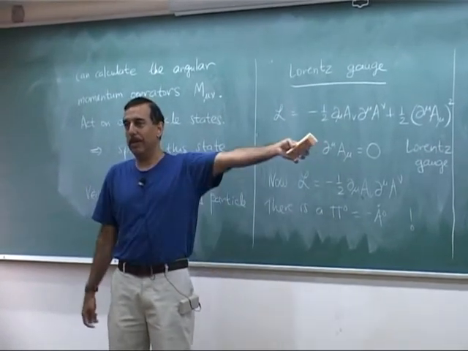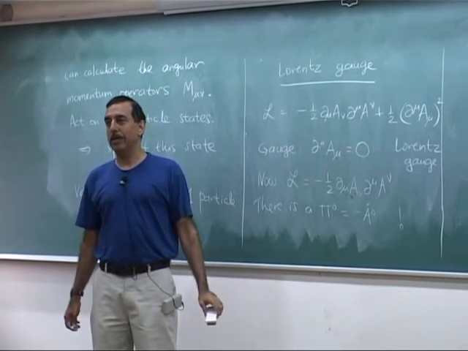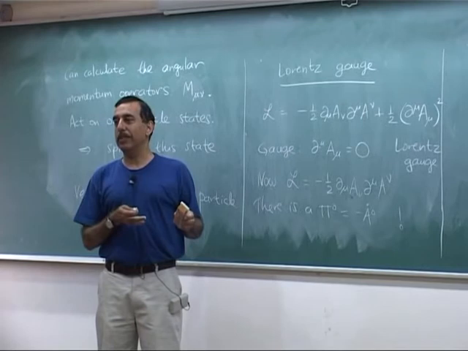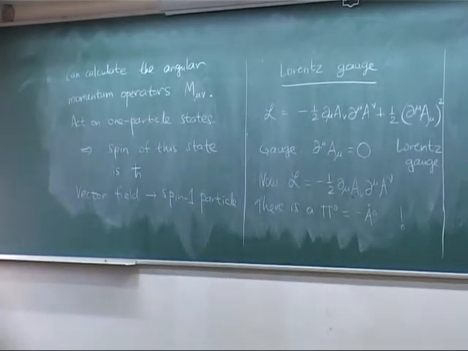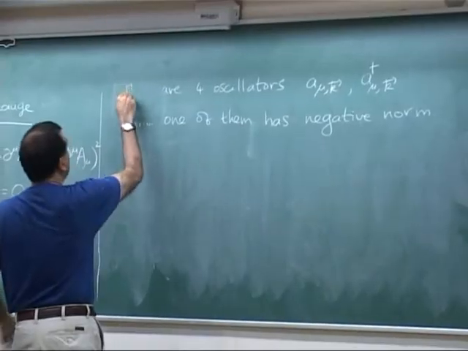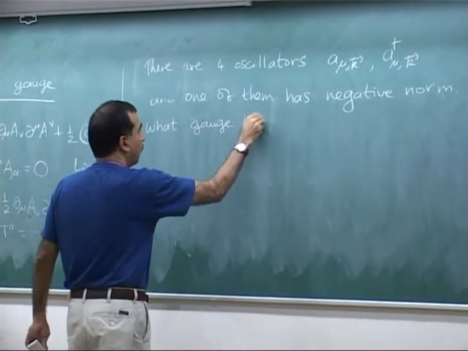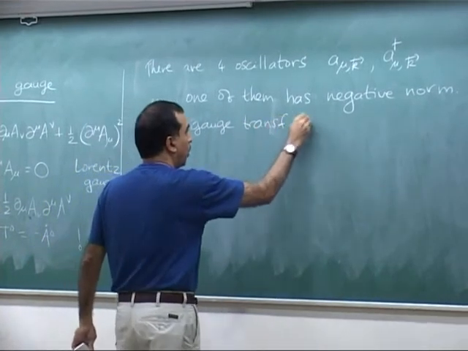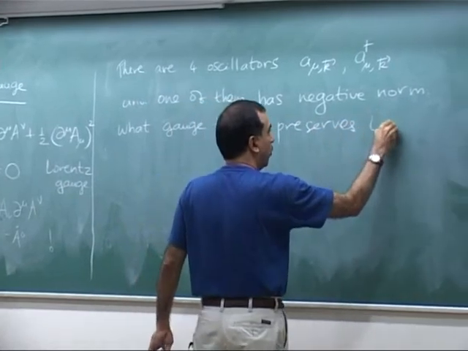So if all goes well now in the next 10 minutes, we should again find that there are only 2 independent oscillators, but the language in which we describe them will be different because we are working in a different gauge. This is fine. What gauge transformations preserve Lorentz gauge?